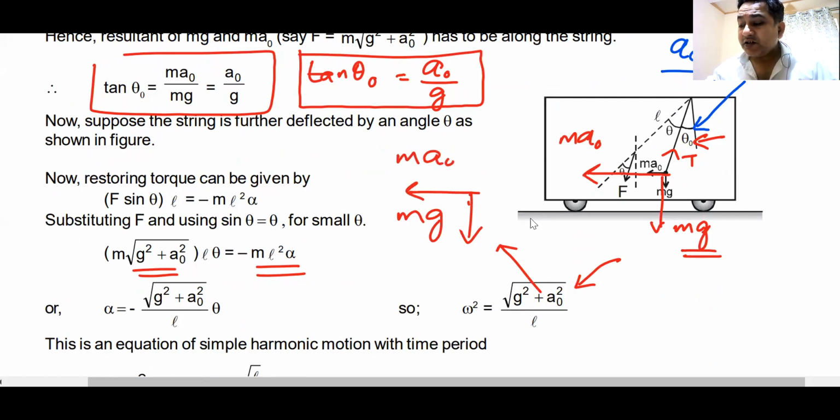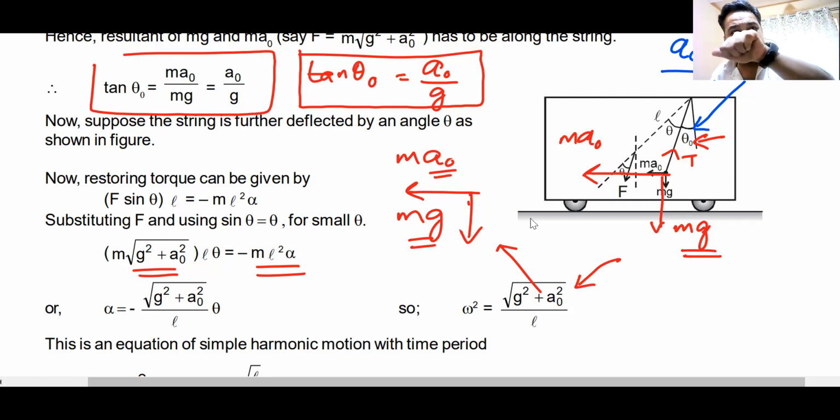So the vector addition of this mg and m a naught gives you the effective value of g, and that is how you are going to solve this question. Do we understand this? Can I have a reason that we understand this, sir?